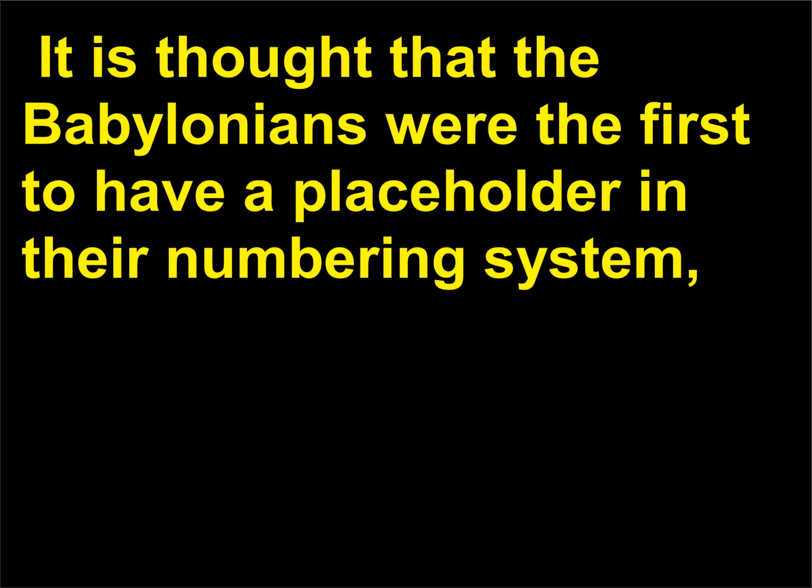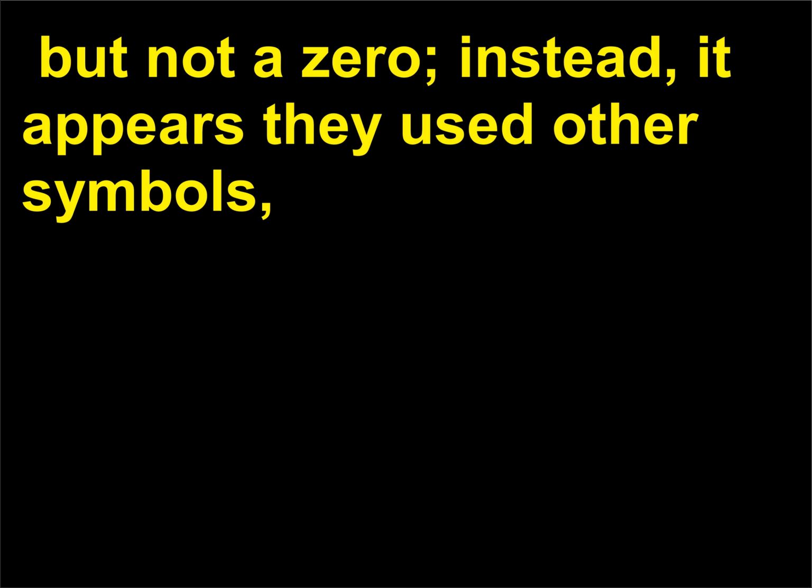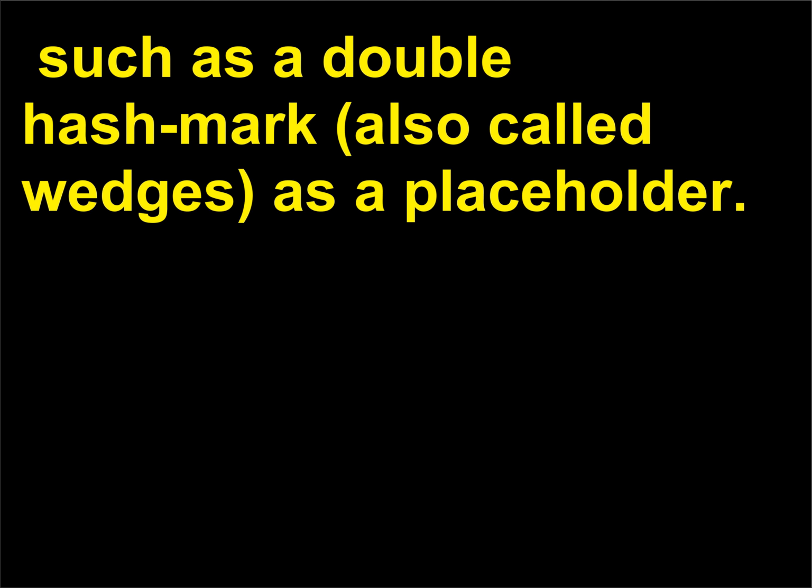It is thought that the Babylonians were the first to have a placeholder in their numbering system, but not a zero. Instead, it appears they used other symbols, such as a double hash mark, also called wedges, as a placeholder.